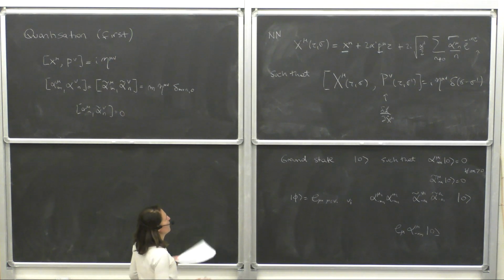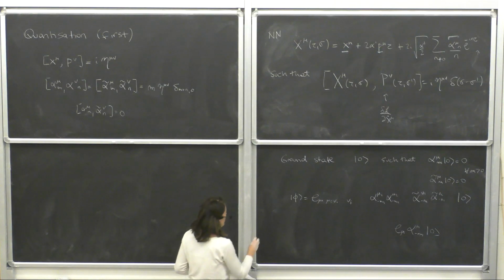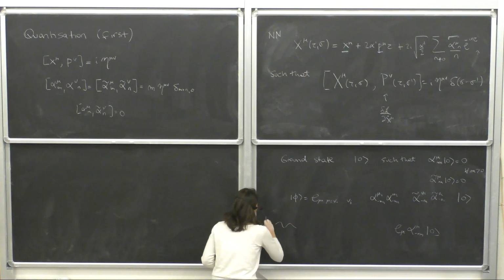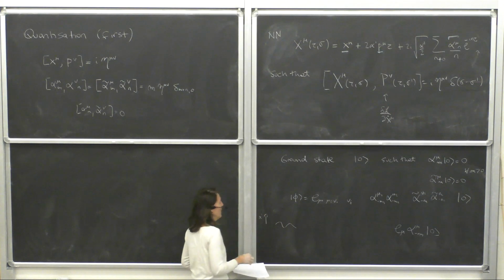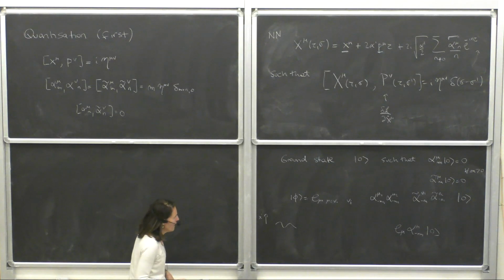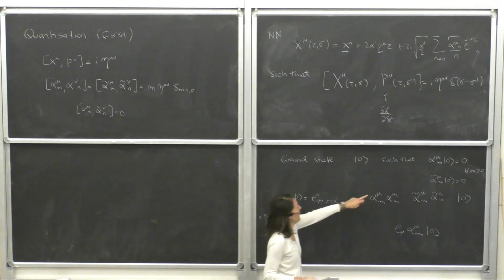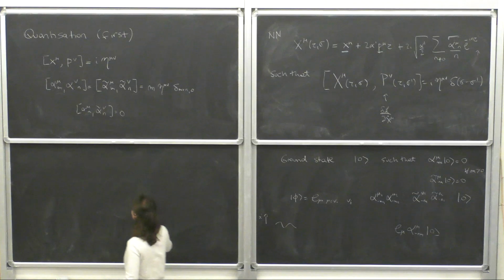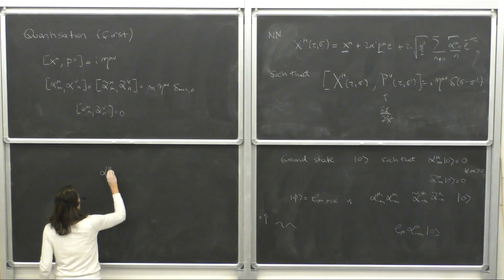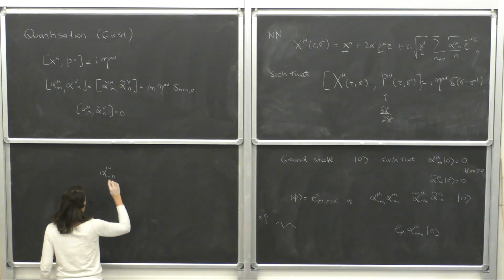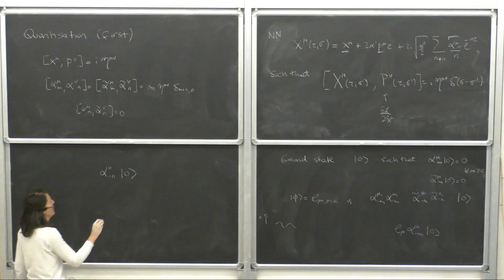Now, whenever I did oscillations, I always oscillated in the x1 direction or x2 direction. Can I have an oscillation in time? So can I create a state that is alpha 0 minus n on 0? Is this state allowed?